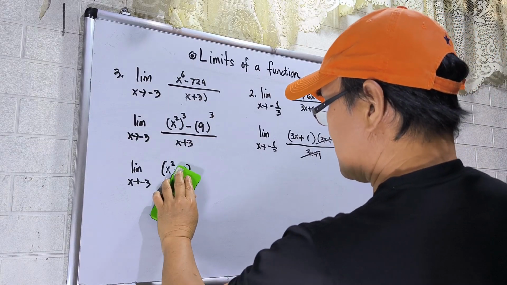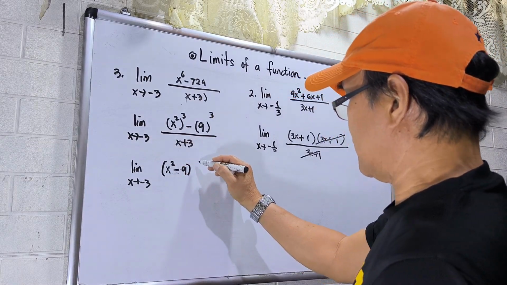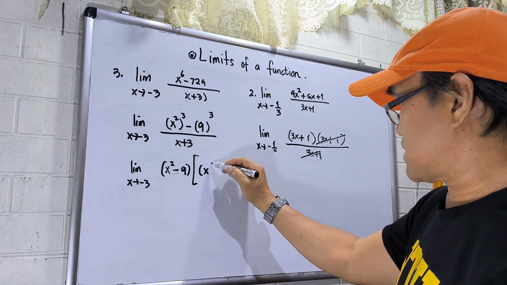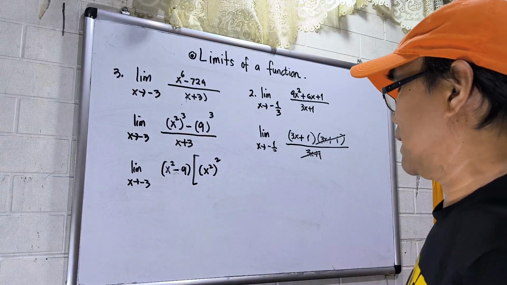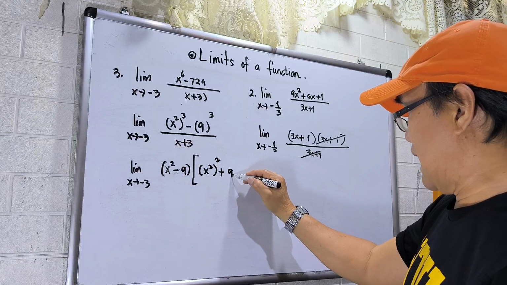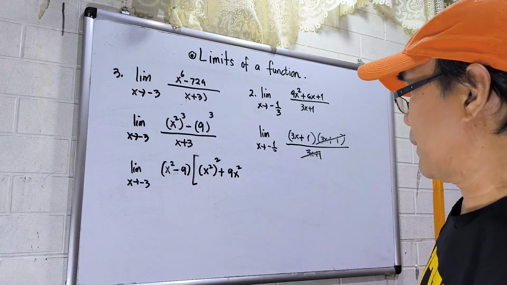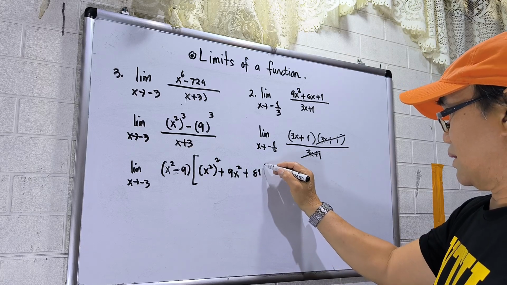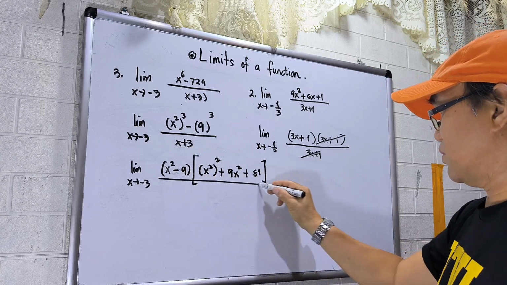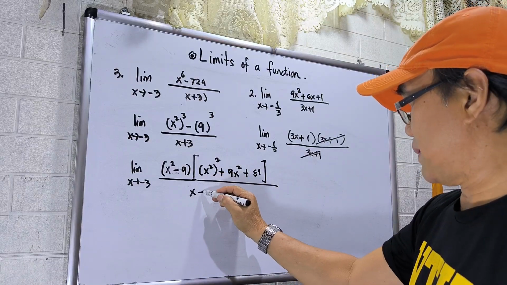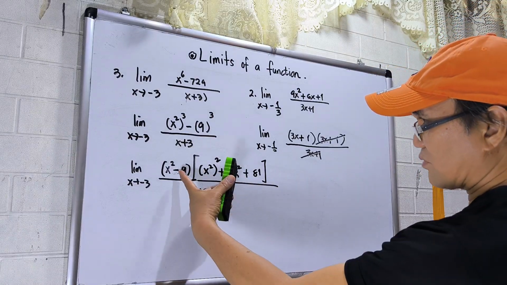Sorry, minus. And then this will be x squared squared, and then plus 9x squared, and then plus 81. Okay? Then this will be over x plus 3.